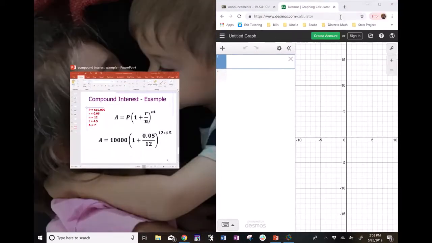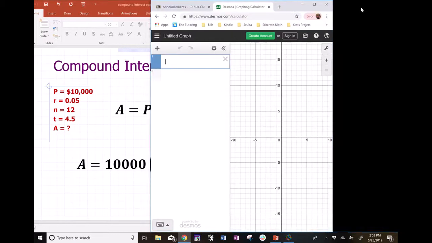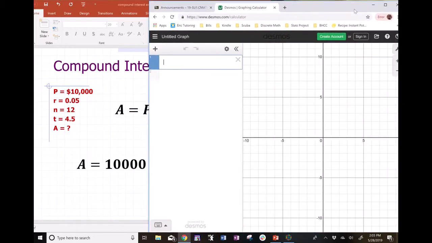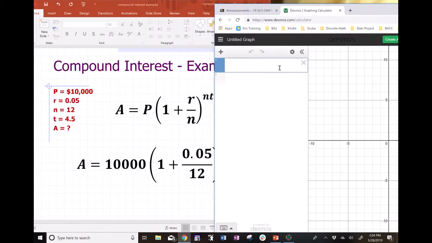Okay, one more time. I'm just going to type in exactly what I see in the formula. 10,000 parentheses 1 plus r over n, so that's 0.05 divided by 12.